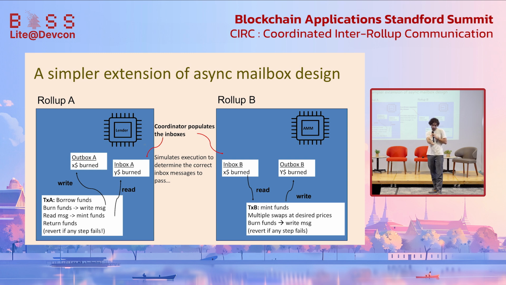So for example, let's say you have a transaction on Rollup A, it's going to borrow some funds, it's going to execute a bridge transaction, so it's going to burn the funds, it's going to write a message to its outbox that said some amount of money was burned.